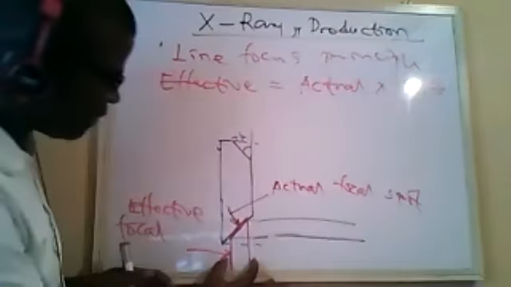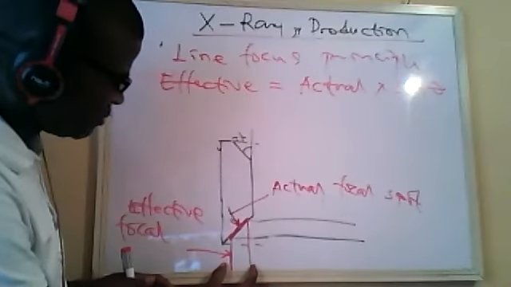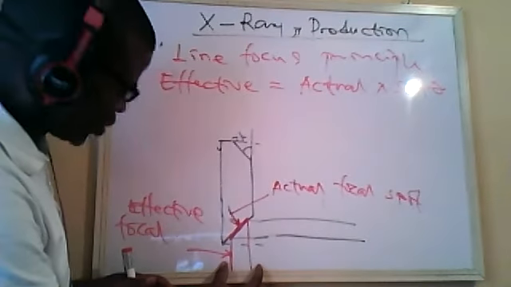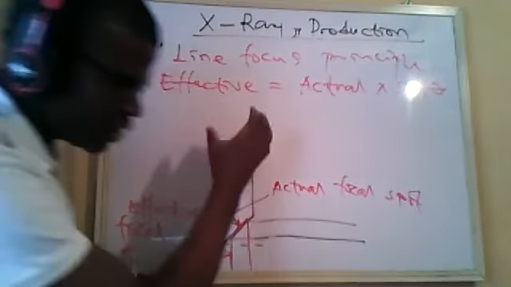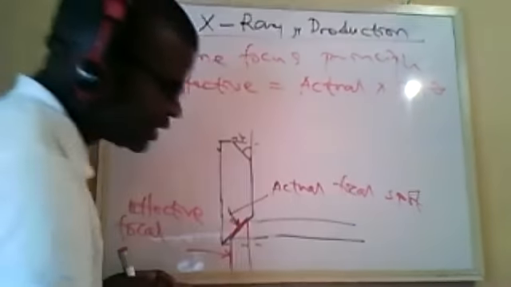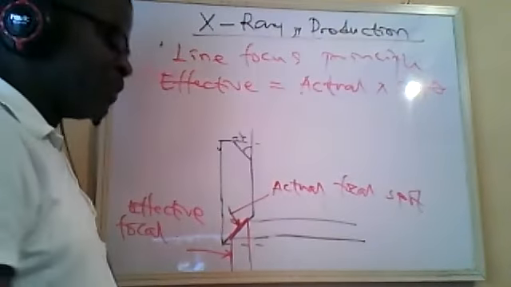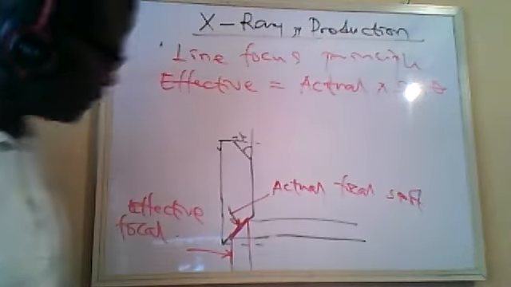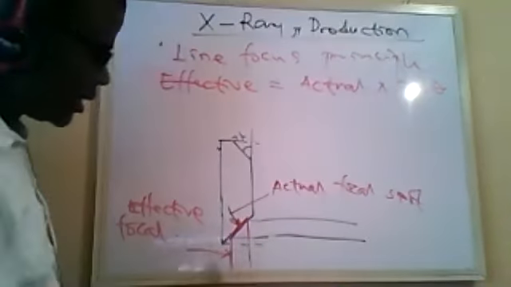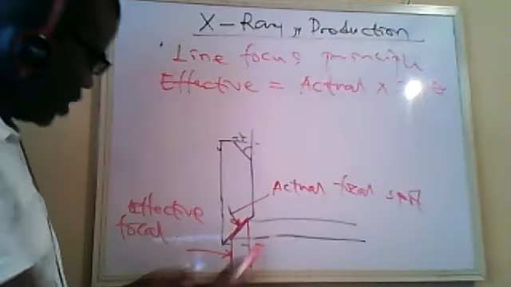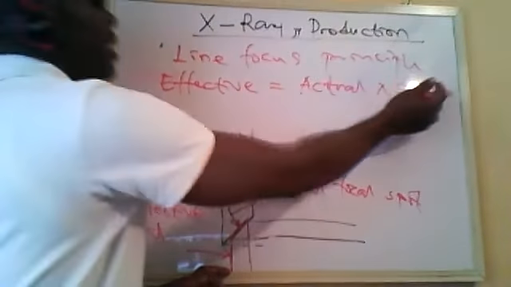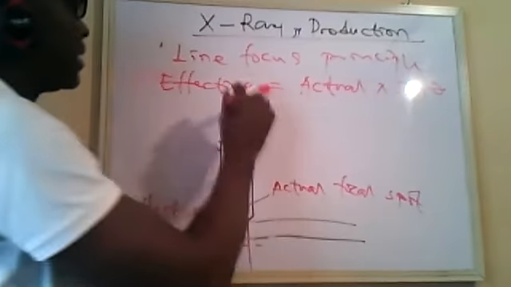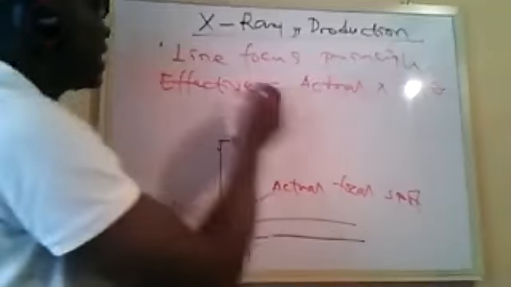So this effective focal spot is the useful X-ray that has been produced by this interaction. This is the one coming out from the window, the one we are going to use on the patient to create the image. So we now have this multiplied by sine theta.